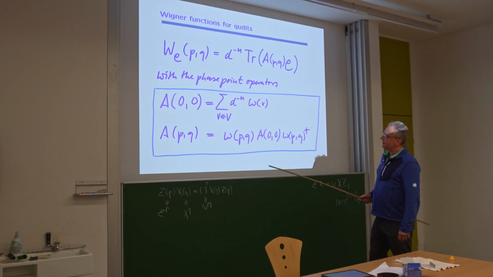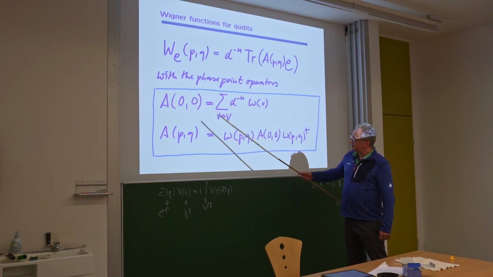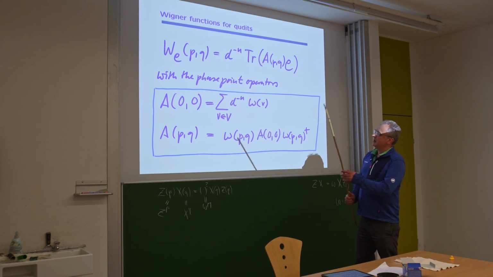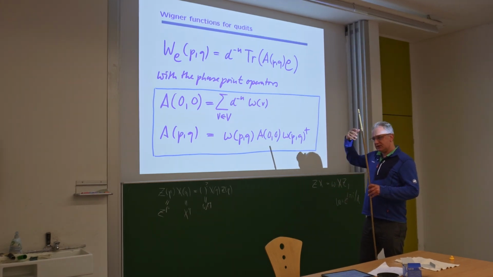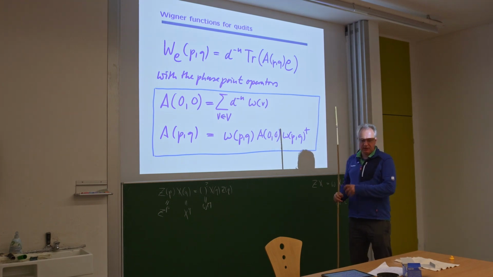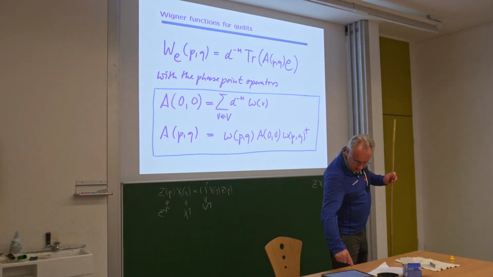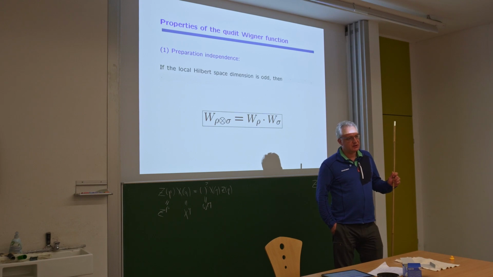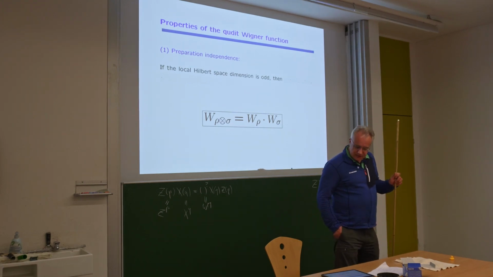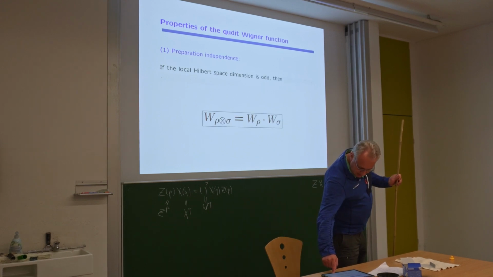So also for the phase point operators, it holds that for multiple particles, you just have the phase point operator for the first particle times that for the second, and the third, fourth, and so on and so forth. Yeah, so this is where it comes from. And if it holds for the phase point operators, then it also holds for the Wigner functions themselves. That is the first property that we should remember, and we'll get to later where we will use that.